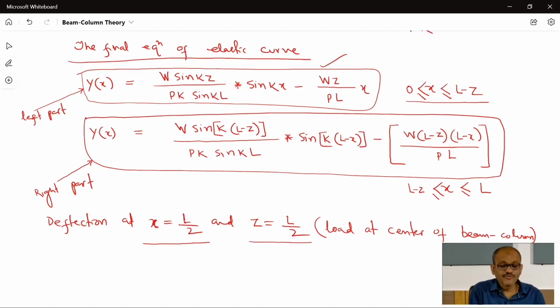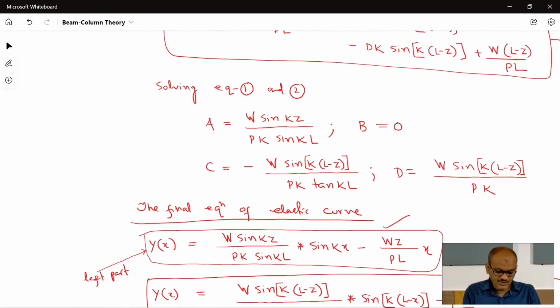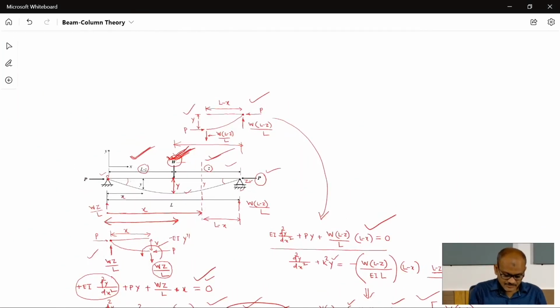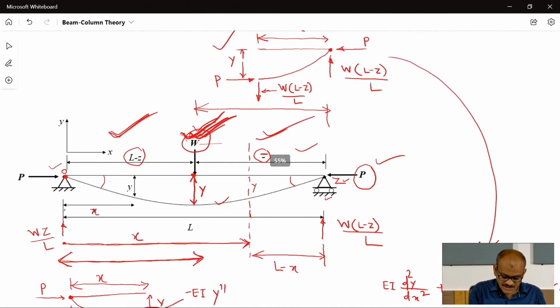We are interested in finding the y value when x is equal to L by 2, and z represents the position of the loading. Let me show you again. This is the z value, and when the z value is equal to L by 2, the load is at the center.